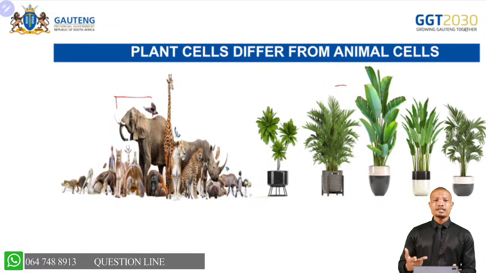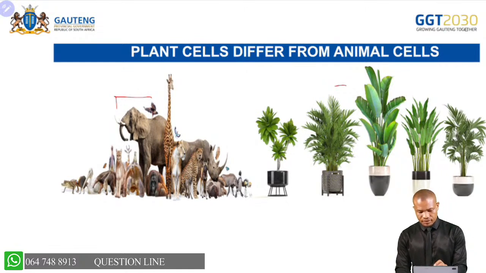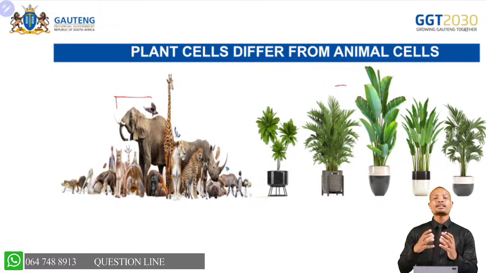They have cell walls, which make their structures rigid because they don't need to move around a lot. And they have chlorophyll. They have the ability to undergo photosynthesis, which doesn't happen with animal cells. So by looking at the two, we can see that they are different from each other.